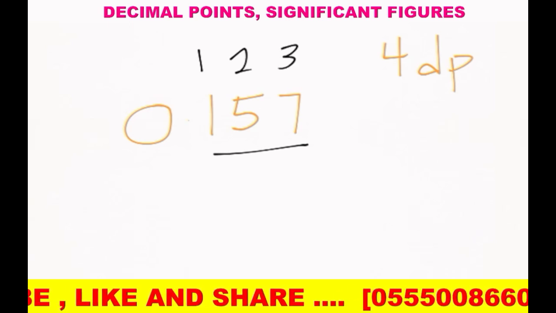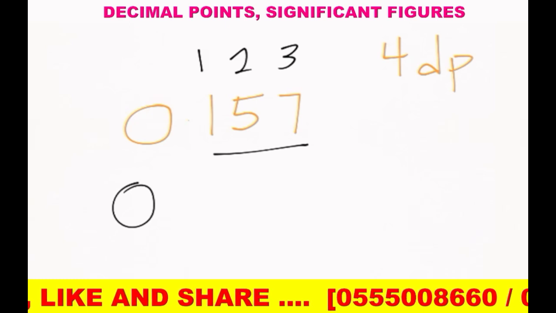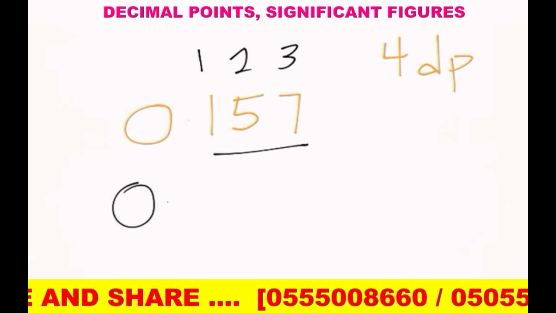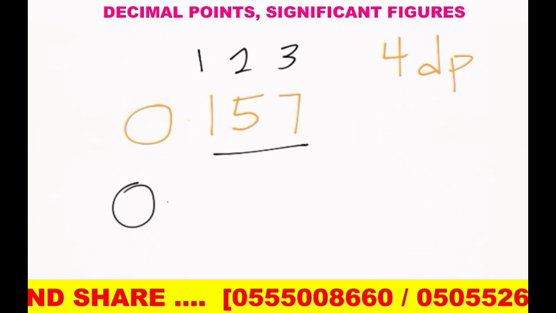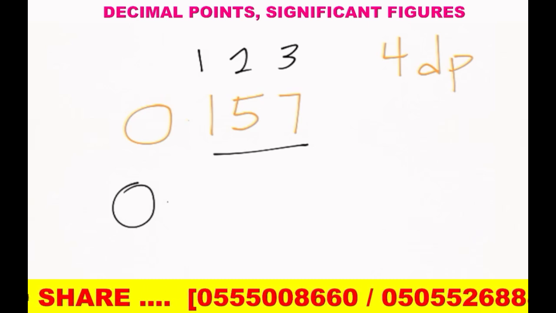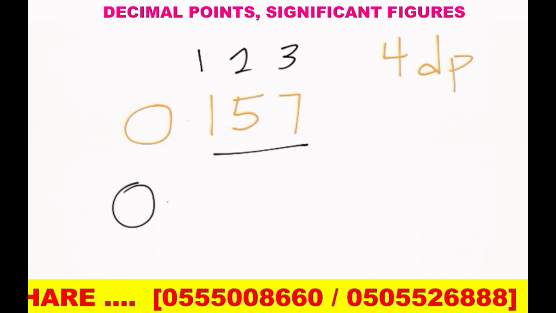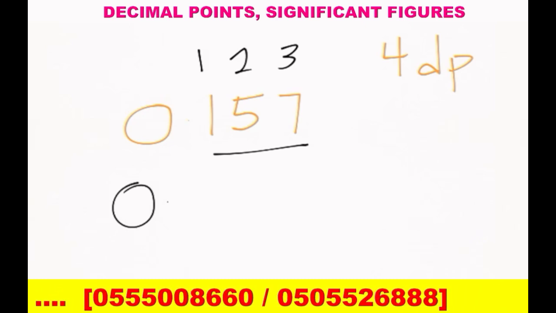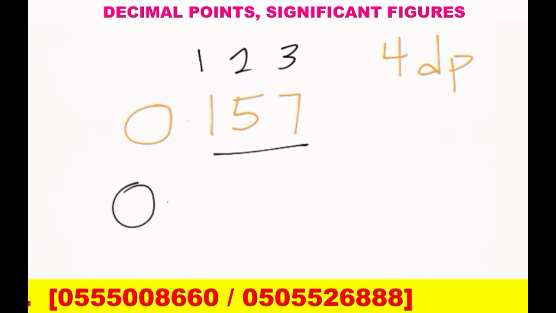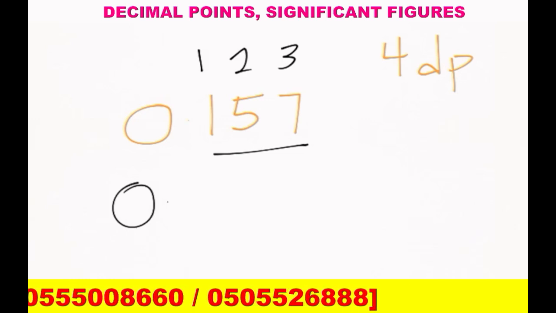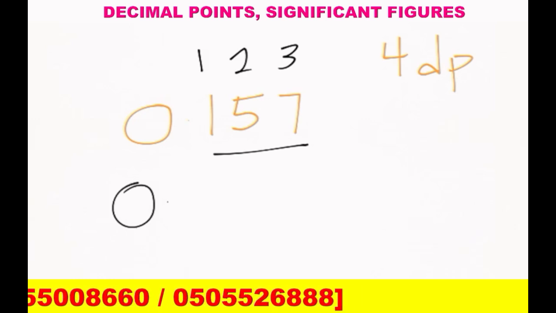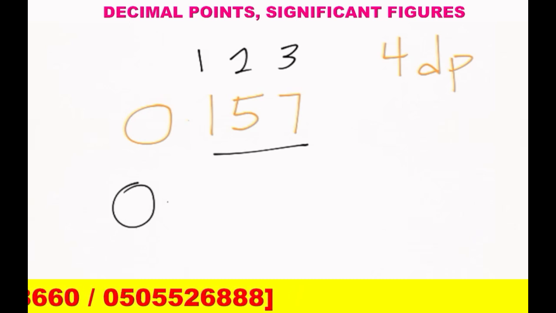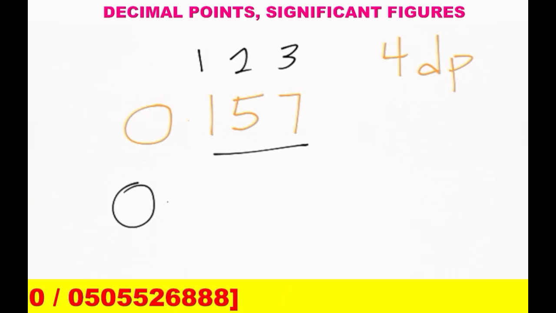Now write your whole number part, which is 0. Bring your point. After you bring your point, your focus is on the 4th one, and the 4th one is not there. So what do you do? Just add 0 to it to get your 4 decimal places. When you say correct something to 4 decimal places, basically we want 4 numbers after the point. If it is 3dp, we want 3 numbers after the point.